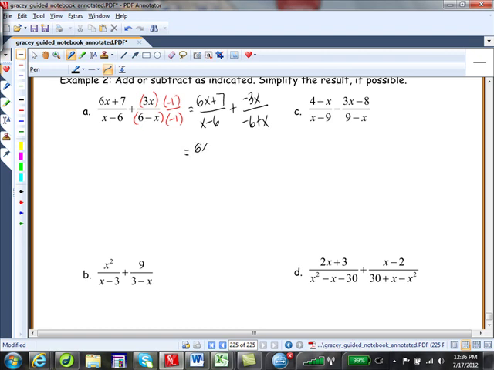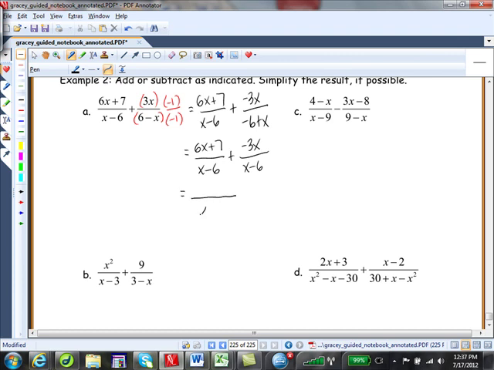This gives us (6x + 7)/(x - 6) plus (-3x)/(x - 6) if I commute those terms. Now I have a common denominator, and it's just like the other stuff we were doing.